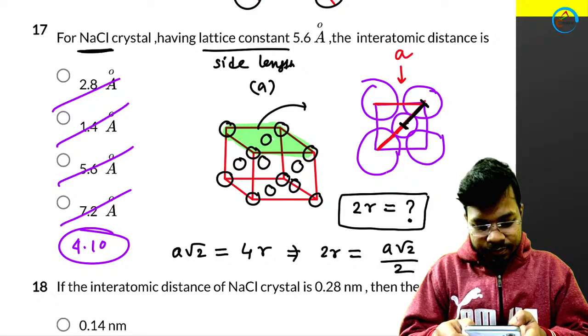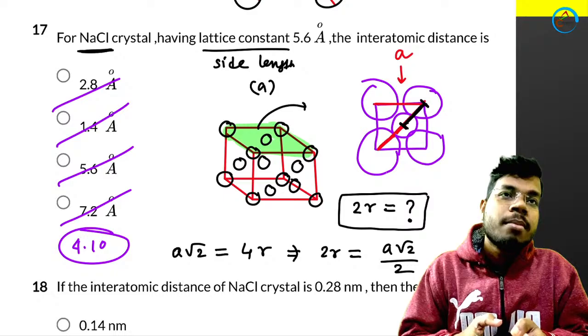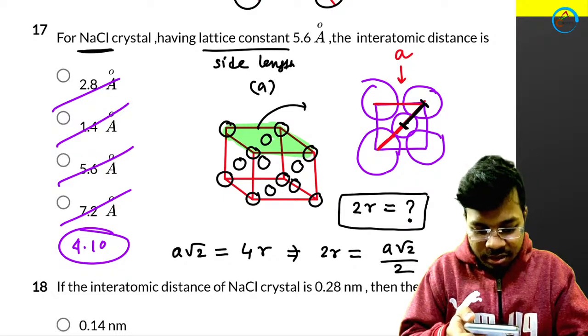3.95. Any other option? Okay, some of you are saying 3.95. Did I make any mistake in the calculation?